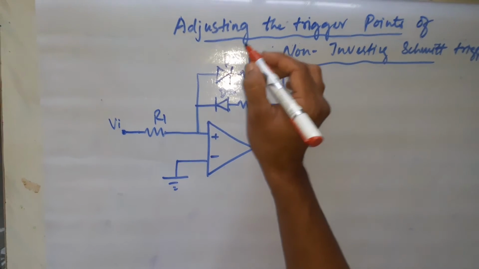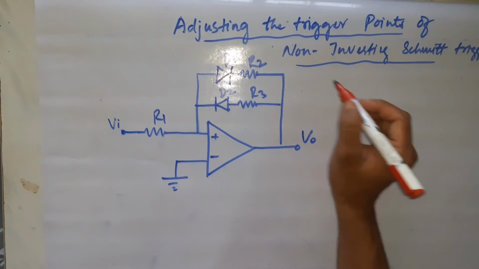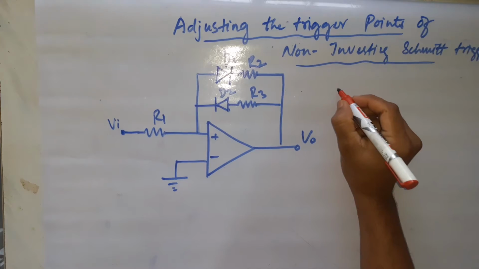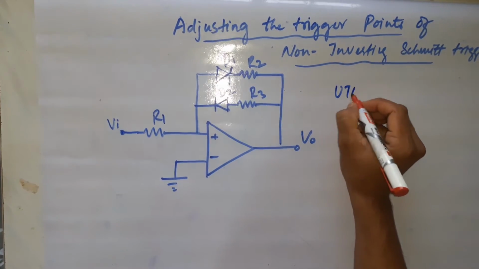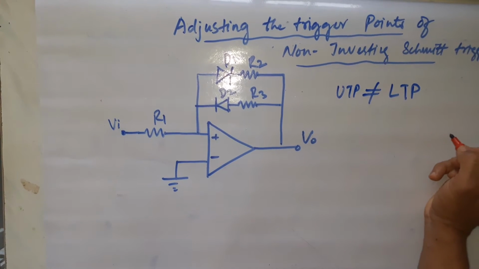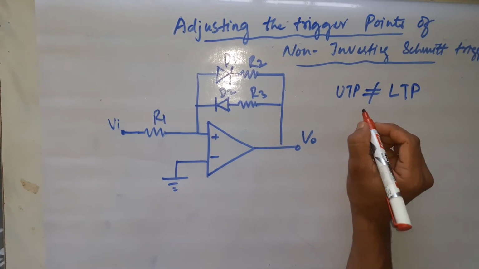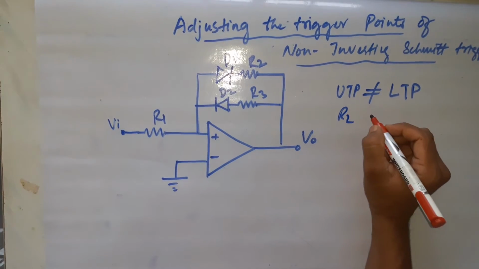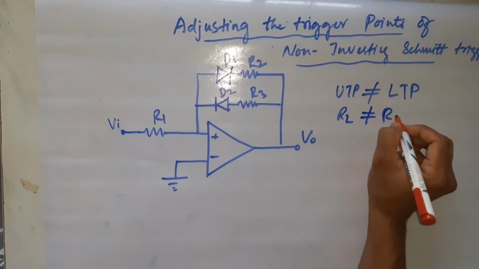Now as I said, this is the adjustable triggering point. This is adjustable triggering points. So it will have different UTP and LTP, means UTP is not equal to LTP. Alright. Now to achieve this, your R2 and R3 should be different. R2 should be different from R3.